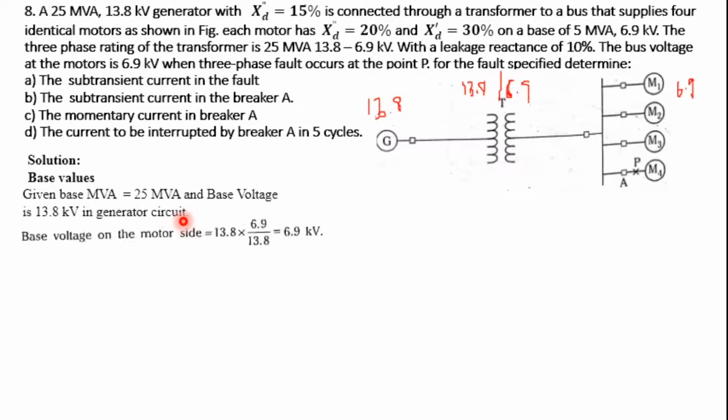Next we calculate the voltage on the other side, the motor side: 13.8 into 6.9 divided by 13.8 gives 6.9. Old value is 13.8 and new value is also 6.9, so there is no change in the values. A voltage of 6.9 kV will be across the motor side.